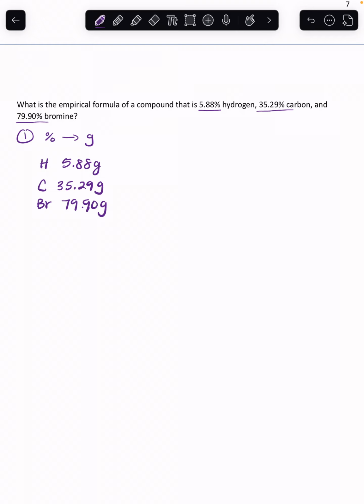My second step here is going to be converting from grams into moles. Because for empirical formula, I must know the number of moles to get the correct subscripts. So, to convert grams to moles, I'm going to multiply by 1 mole over the molar mass in grams. So I need to go to the periodic table and get my molar masses.